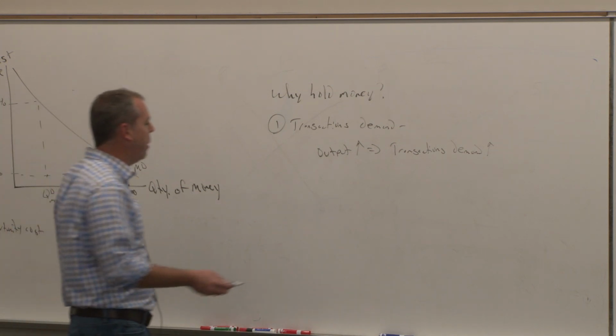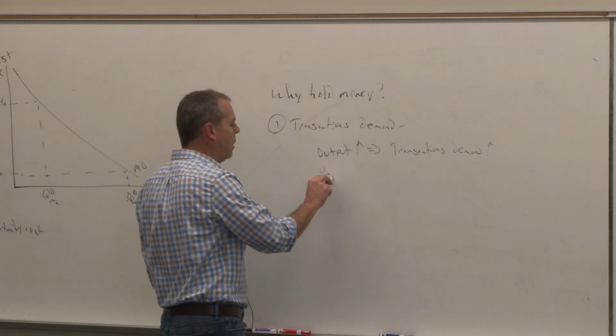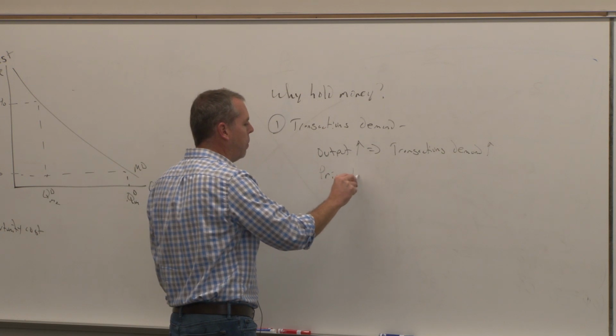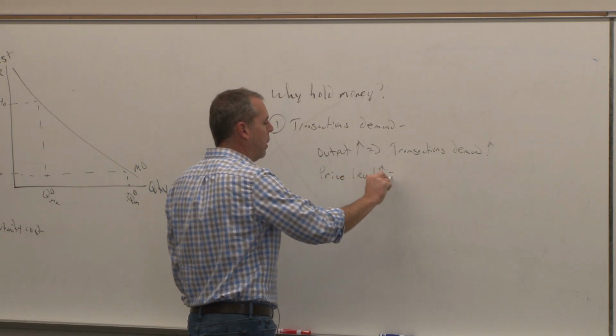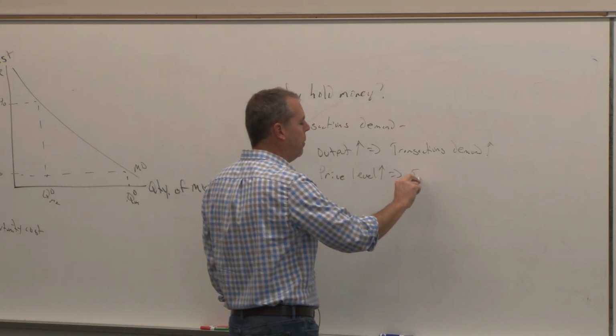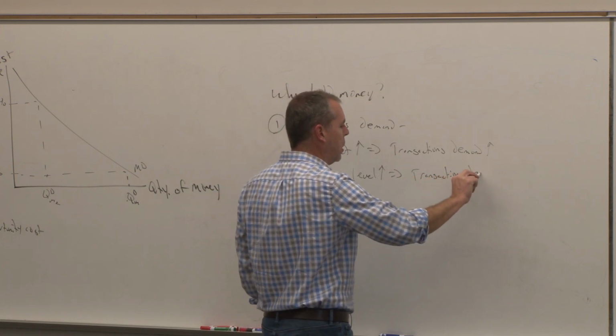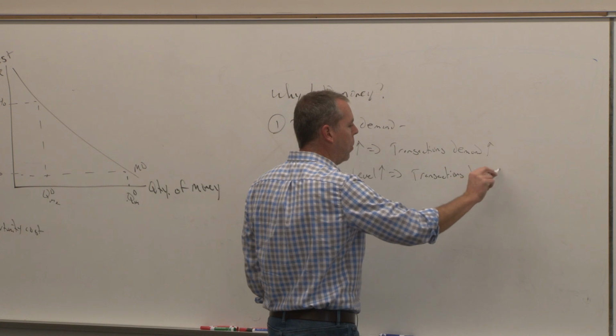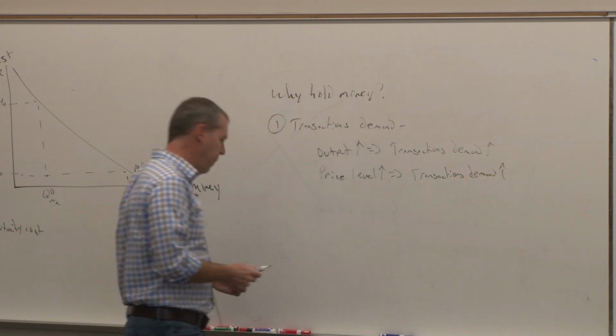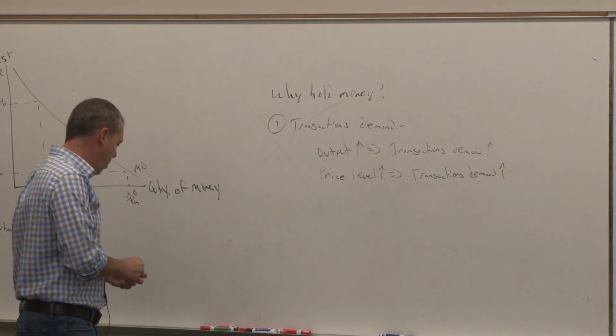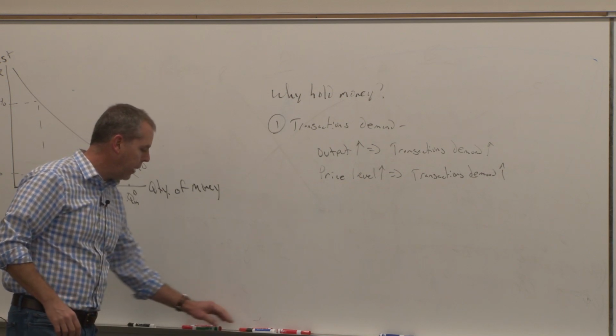It's the exact same thing for the price level. If we see these increases in the price level, we're going to see transactions demand go up. People are going to want to hold more of their assets in the form of cash.